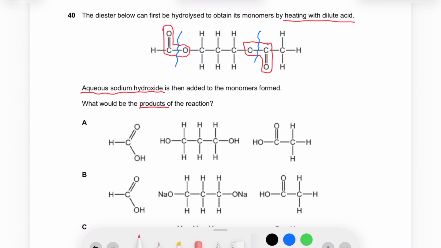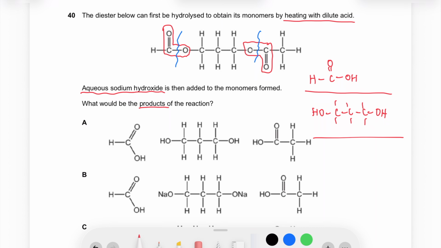Okay, so let's try one by one. When you add the acid, you'll form back H. Okay, this is the first one. Then the middle portion, you'll form back this. Those are the carbon, so I'm not going to draw the carbon.